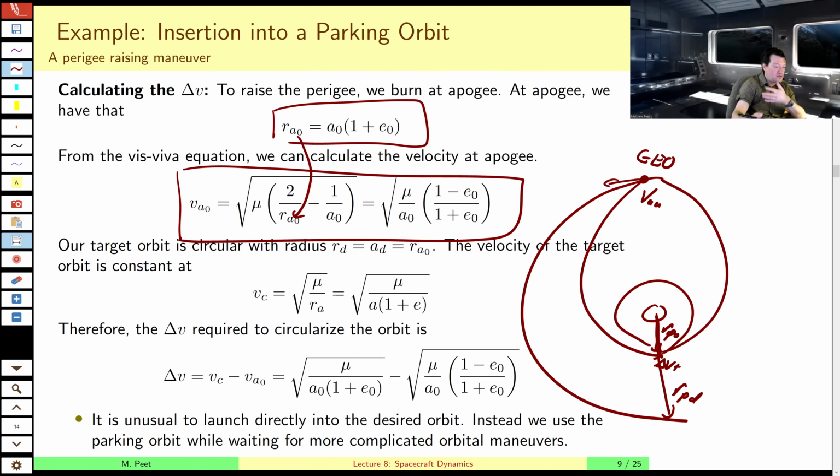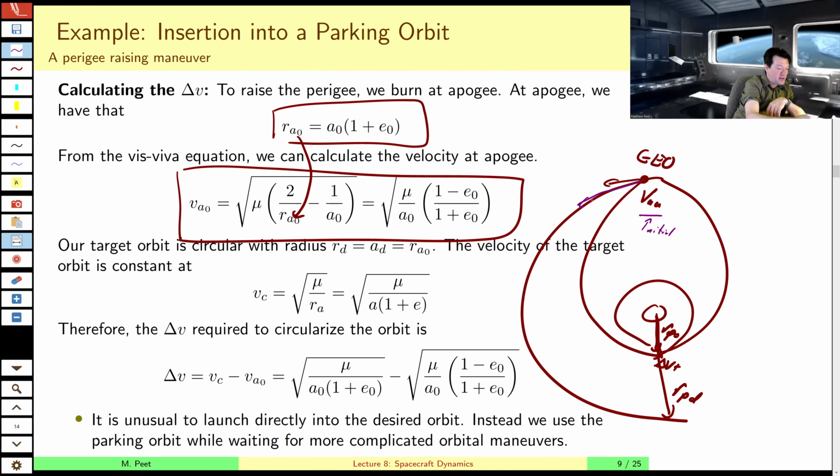So in order to make sure that we are now on a circular orbit, so that we raise our periaps to be the same as apoaps, we just calculate the difference between our current velocity and the velocity we would need to be on the correct circular orbit at the radius that we are currently at.